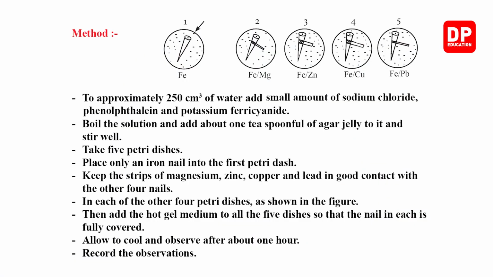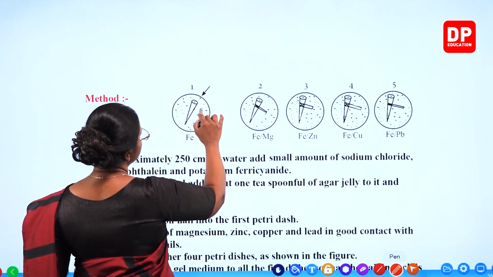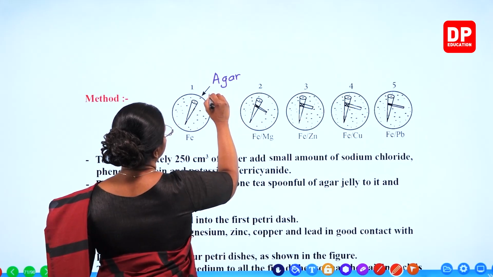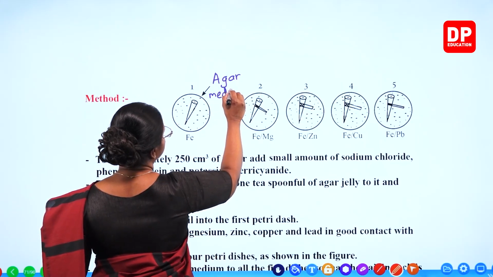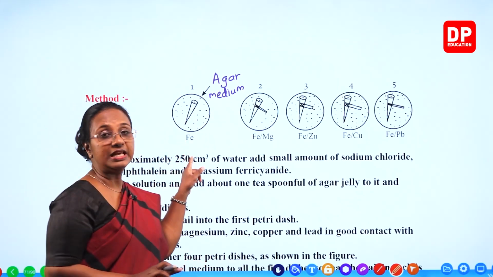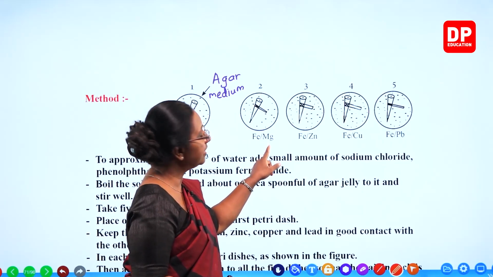So in this, you all can see here. Now this part. Here, this is the Petri dish. And here it is the agar medium. Then you can see in the first one there is only iron. Then in the second one it says iron and magnesium.